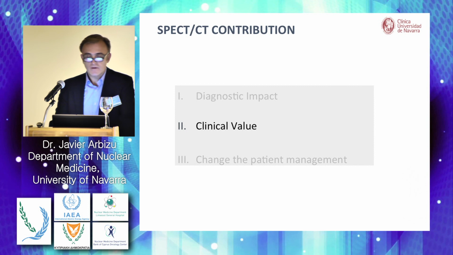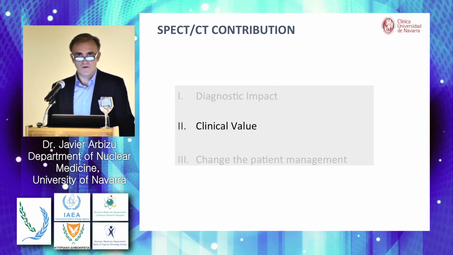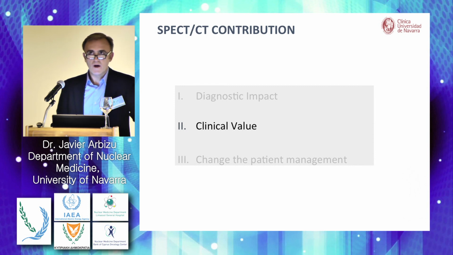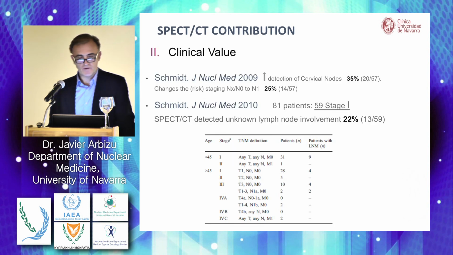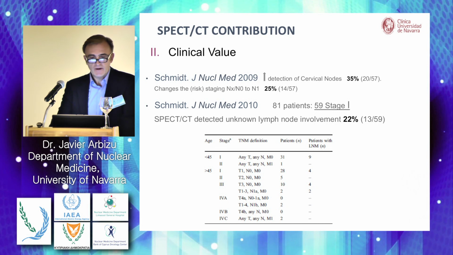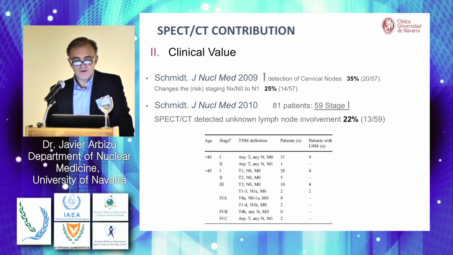What about the clinical value? We have addressed the diagnostic impact, but what is the clinical value of seeing more, or more precisely, the hotspots? Well, the clinical value is an increase in the detection of the cervical nodes in 35% in this study, or a change in the risk staging, which is also important, 25%.